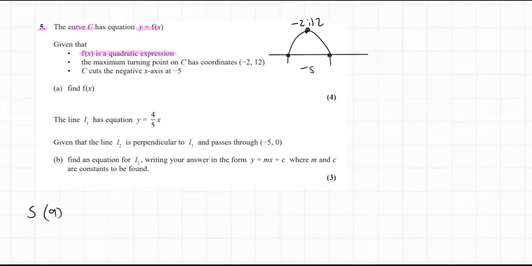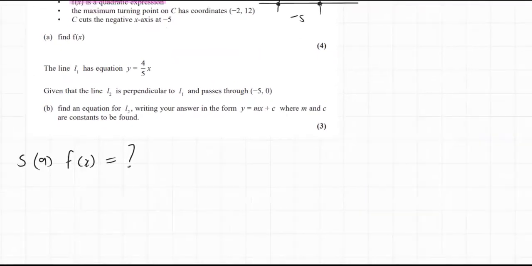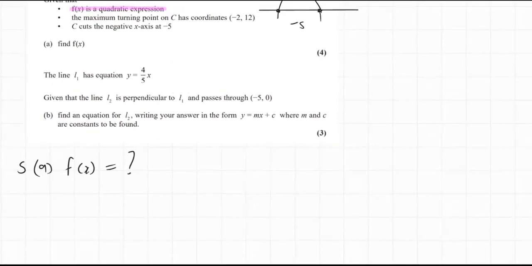So question 5a wants an equation for the function f of x. Right, let's take a look. We have this information that it's quadratic. So a quadratic looks like this: ax squared plus bx plus c. That is the quadratic function in standard form. And the turning point of C is (-2, 12), and this is a maximum turning point.